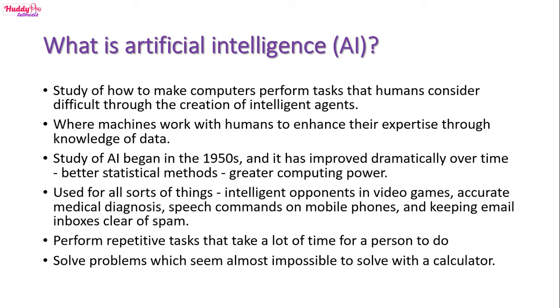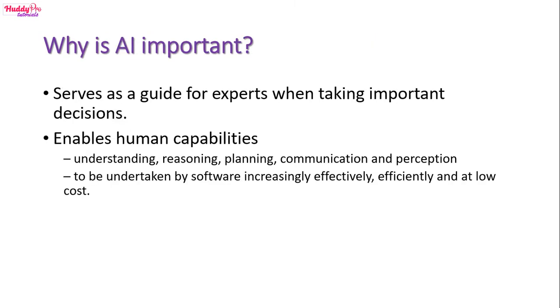When you use computers to perform tasks that we as humans consider difficult or complicated, we do this by creating what we call artificial intelligence. So computers will use artificial intelligence to perform those tasks that humans deem difficult. So that's AI. Why is this artificial intelligence important?